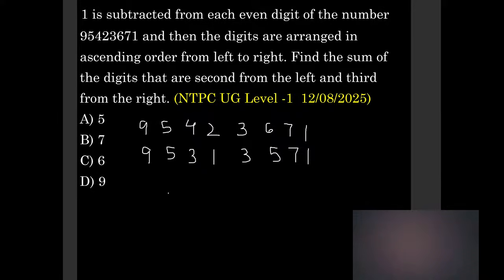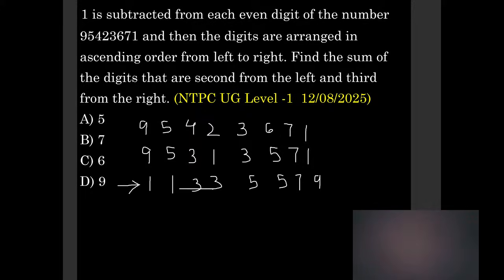Ascending order means small to big. So 1, 1, there are two ones. Next there are two threes, so I'm placing two threes here. There are two fives. I'm placing two fives, and the remaining one is 7, and the last one is 9. So this is the required ascending order.